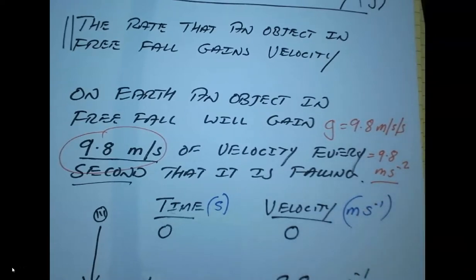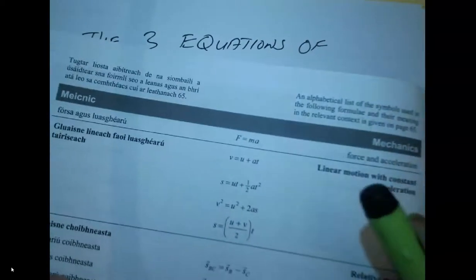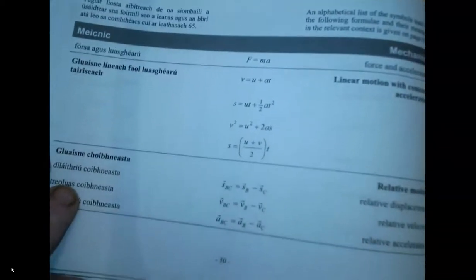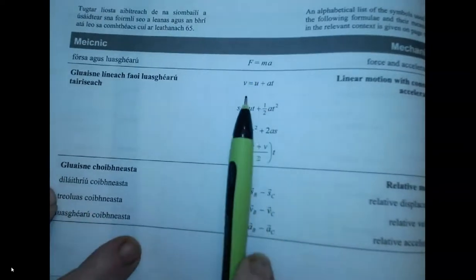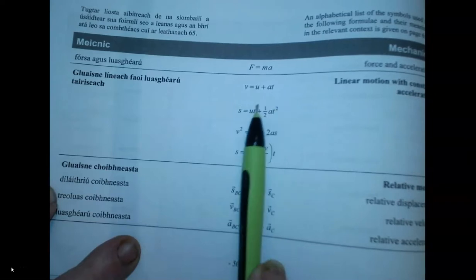The three equations of motion are very important equations that link together an object's starting velocity, final velocity, acceleration, the time it takes to go from those points, and the distance it travels. They are all there on page 50 of our maths tables, and we've got v equals u plus at: the final velocity equals initial velocity plus acceleration by time.